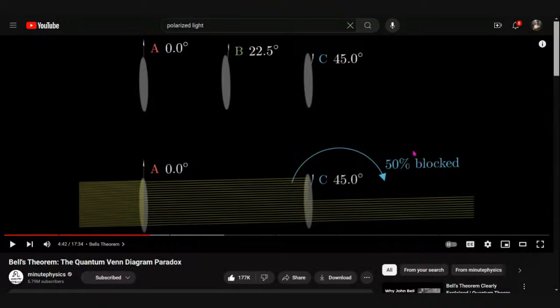This is completely irrelevant. It has nothing to do with the discussion. This has nothing to do with quantum physics. This is just a misunderstanding of the problem. It's not even physics.